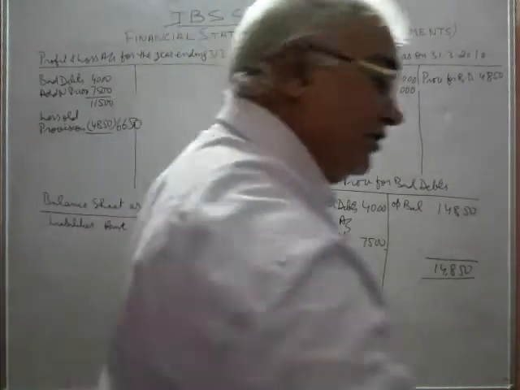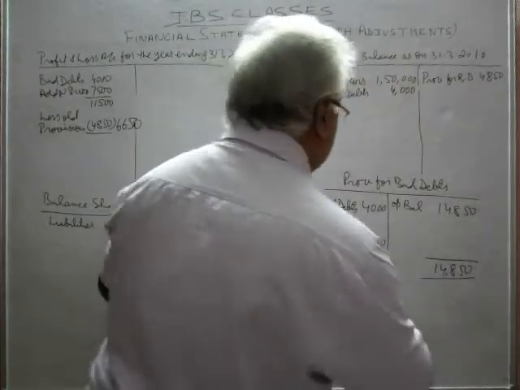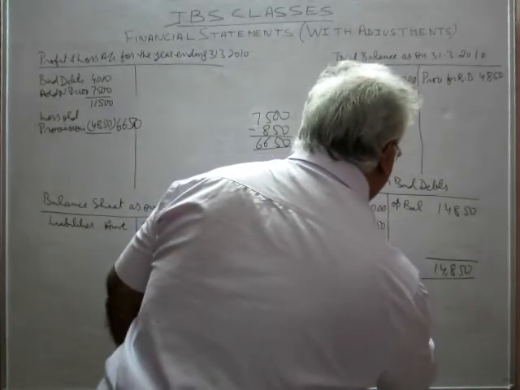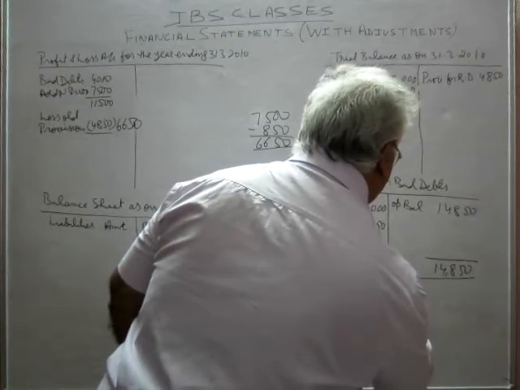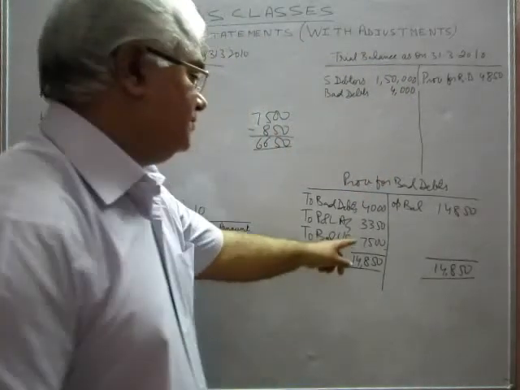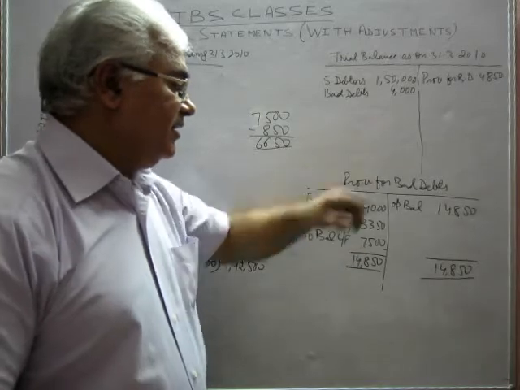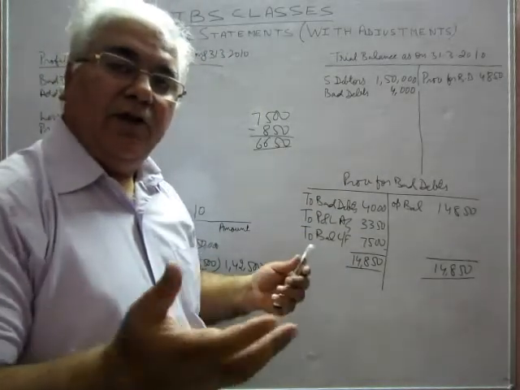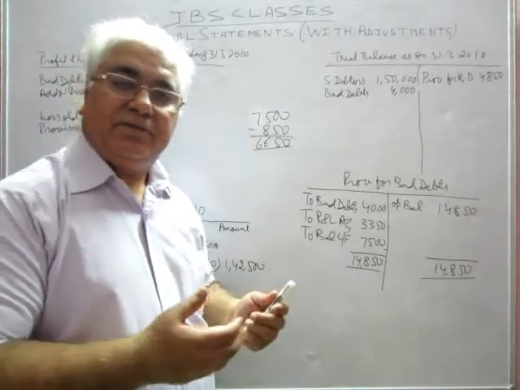It will be 3,350. So this is the amount which will be credited to profit and loss account. I hope it is quite clear.